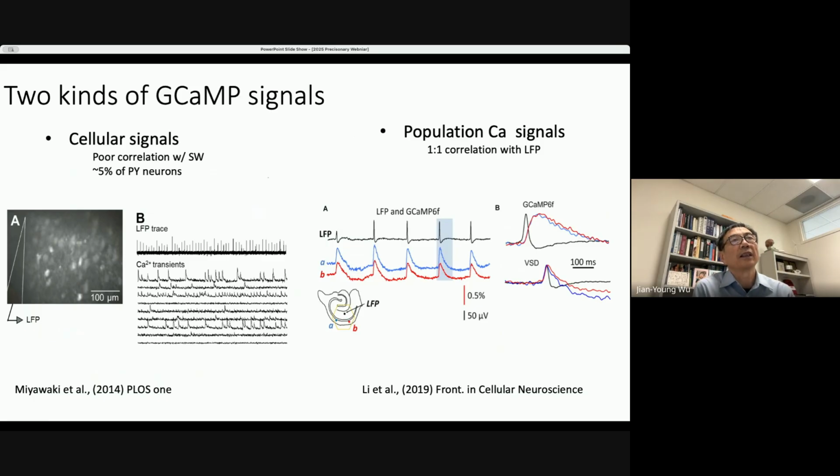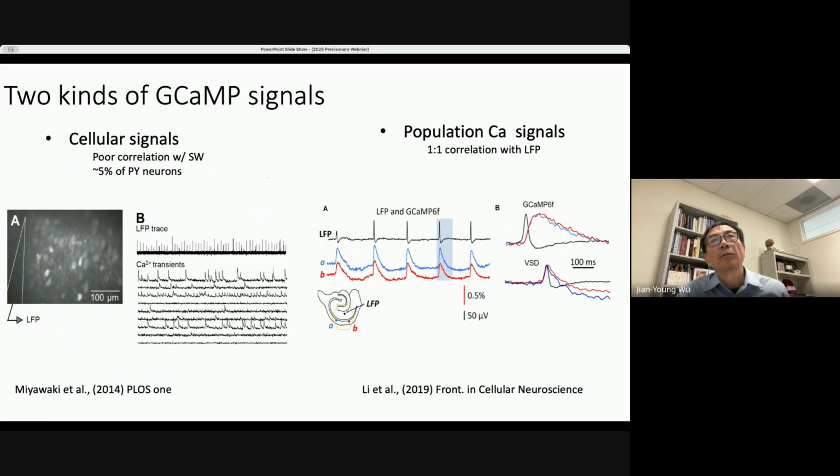The reason is that on each sharp wave, only 5% of pyramidal cells are synchronized to the field potential. So when you see many cells, the membership of those 5% changes from sharp wave to sharp wave event, and then you don't get a very good correlation.